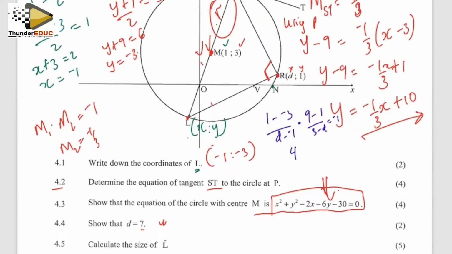So that will be 4 over D minus 1, multiplying it by 8 over 3 minus D should give us -1. So this is anyway going to give us also a quadratic. But substitution was going to be the quickest.